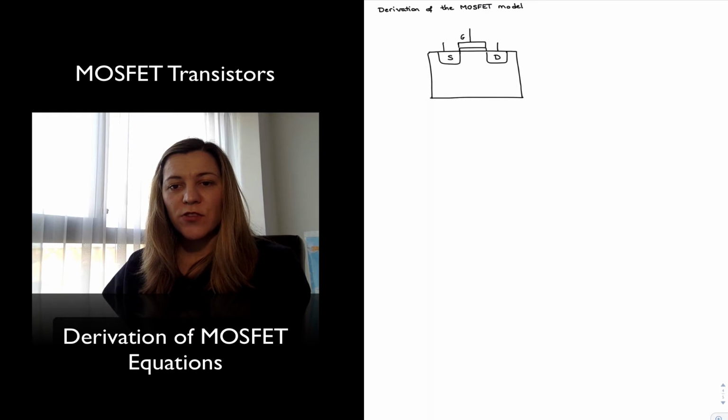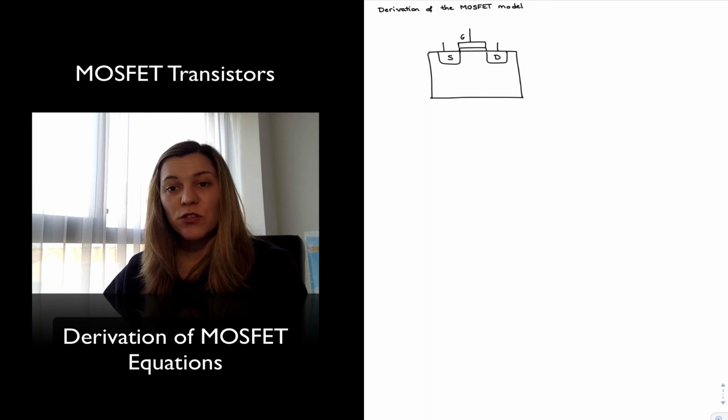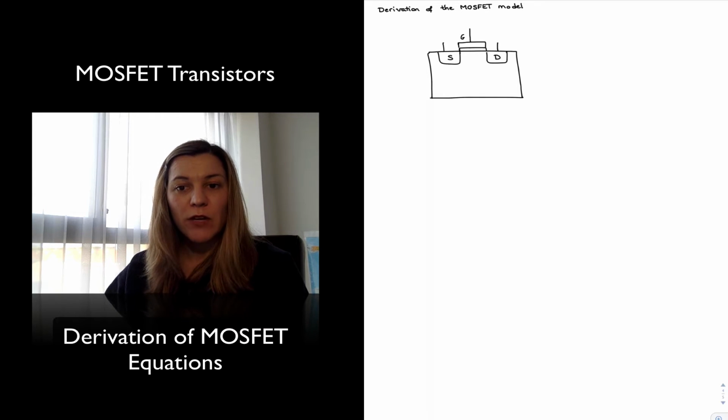Hello. In this video, we are going to derive an expression for the drain current in a MOSFET transistor. So basically, we're deriving the MOSFET model, and we're going to come up with different expressions for that current depending on what region of operation we are in, whether cutoff, triode, or saturation.